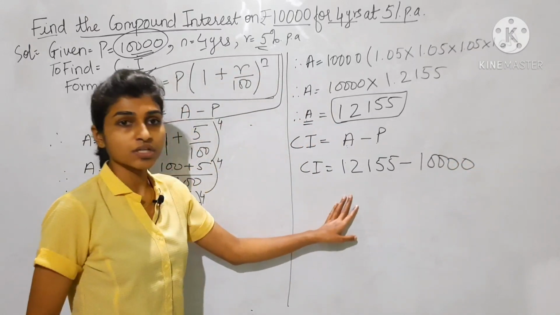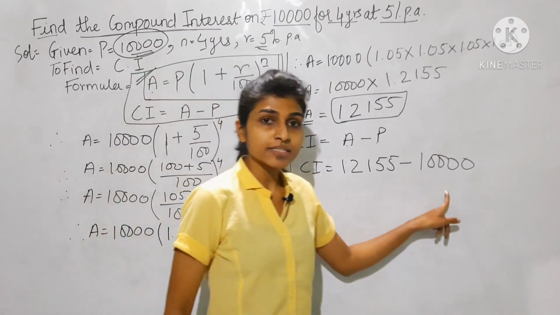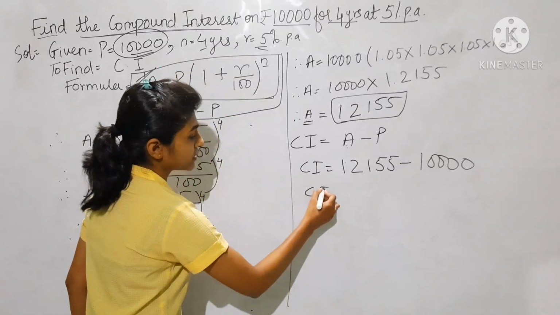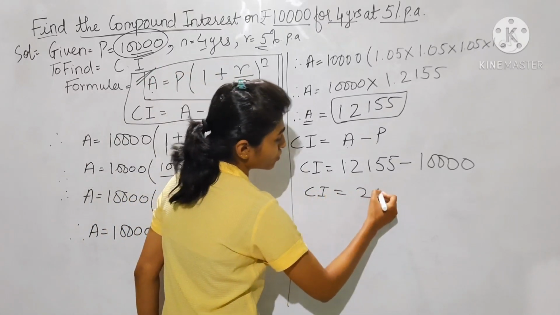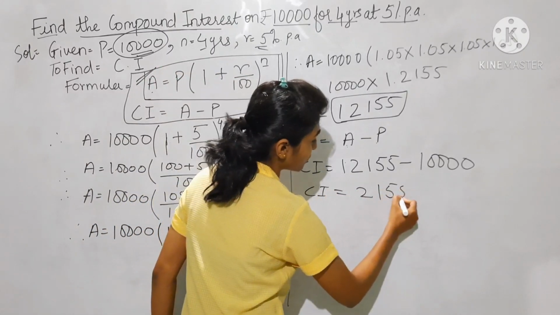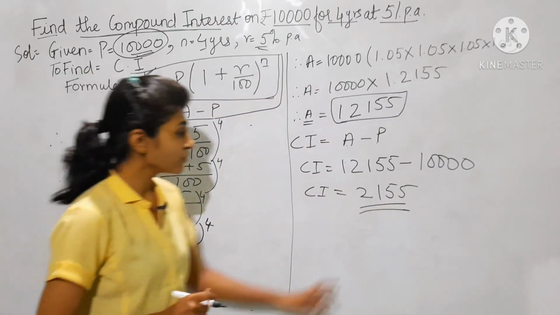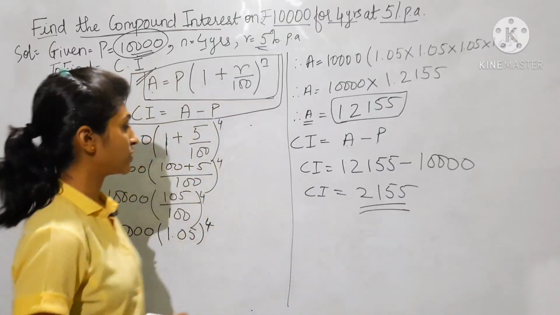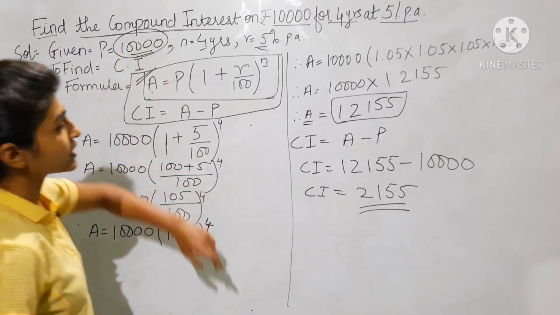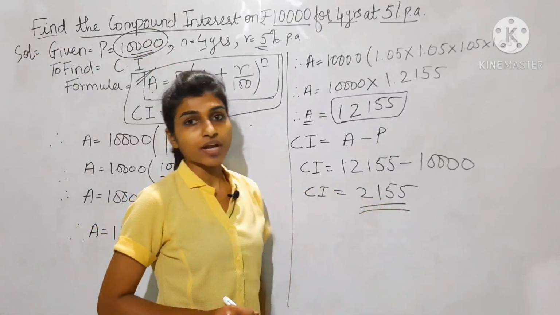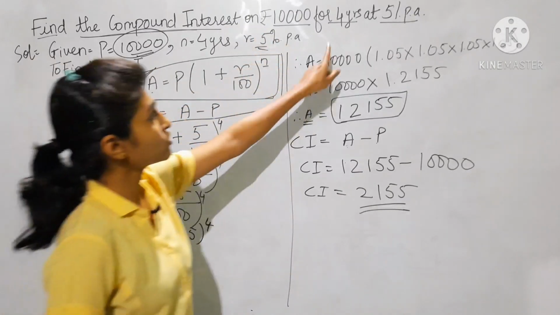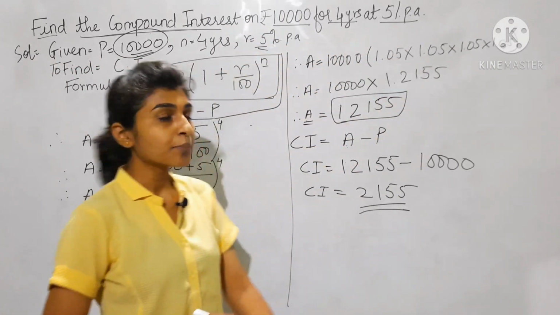So 12,155 minus 10,000, compound interest is equal to 2,155. Okay, so this is compound interest. The answer is compound interest was 2,155 on rupees 10,000 for 4 years at 5% per annum.